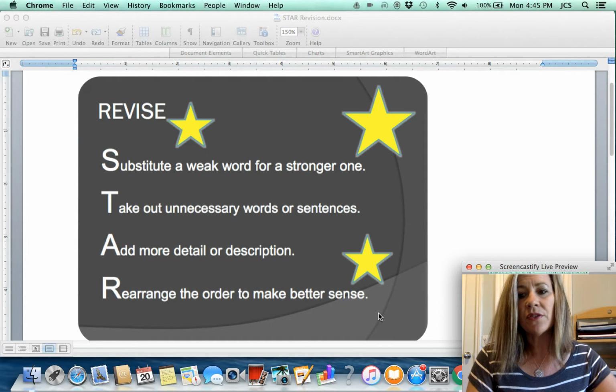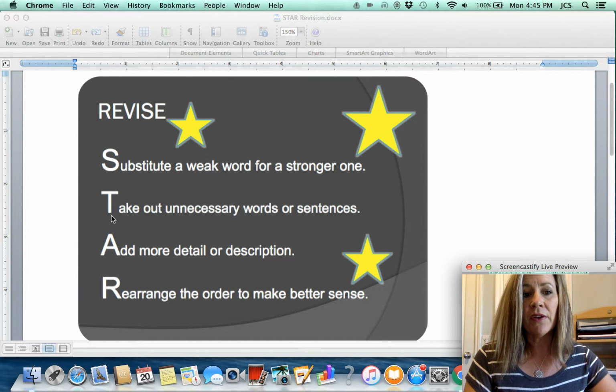So when I have students look at their work, I always remind them to star their papers. And when they do so, I remind them they may do two substitutions in one paragraph and one addition. Or maybe in a paragraph they have three takeouts because it just was too wordy, and they realized that they needed to rearrange something to be in better order with the rest of their essay.